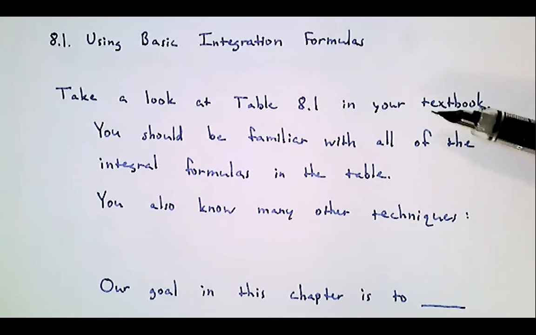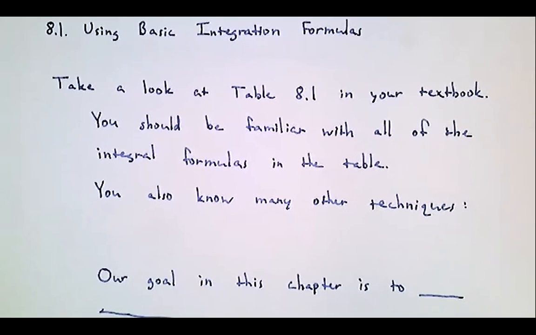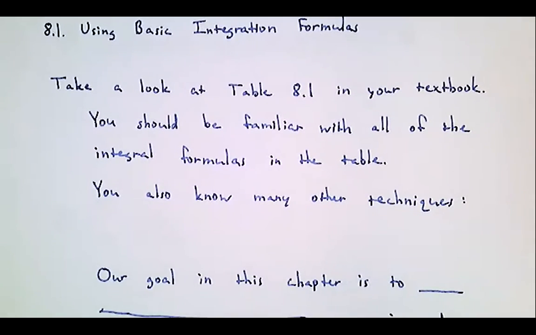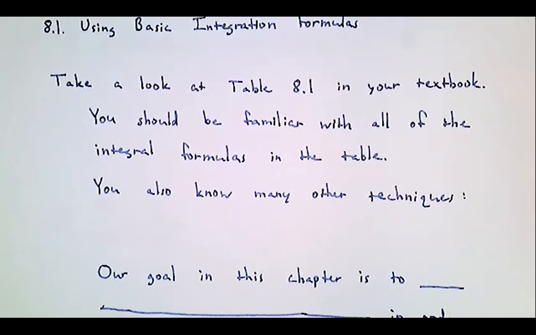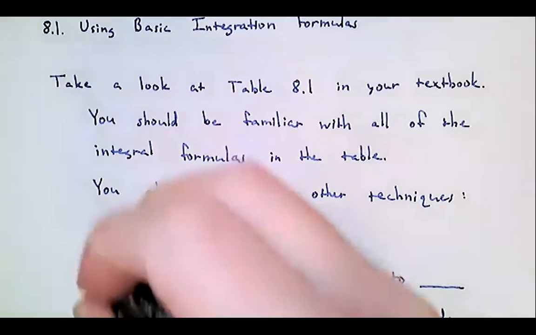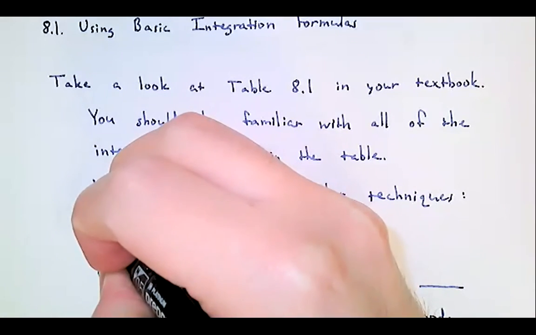So the table, like I said, has all of the integral formulas that you should know or at least be able to use. You've also had lots of other math classes where you've learned how to solve problems, and we're going to have to remember lots of those other techniques other than the integral formulas, like trig formulas.